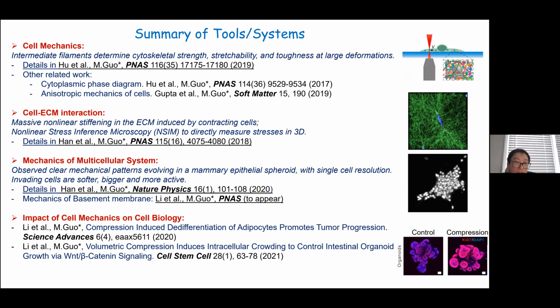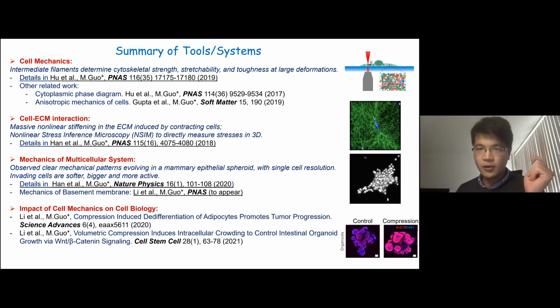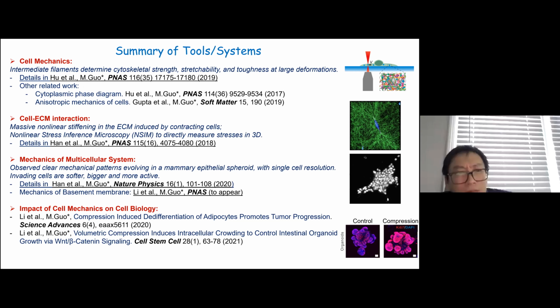But that's right, it's not homogeneous at all. Okay, I see. And also, is it isotropic or anisotropic? It depends on whether the cell shape is isotropic or anisotropic. If the cells spread out in one direction, then the mechanics is very anisotropic. Okay, I see. Thanks.